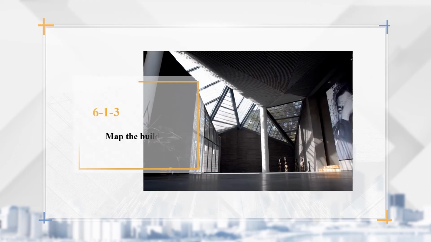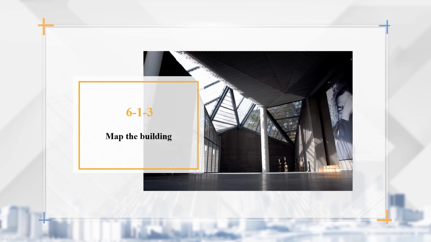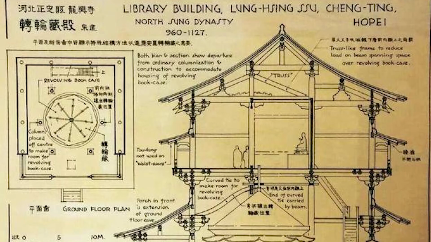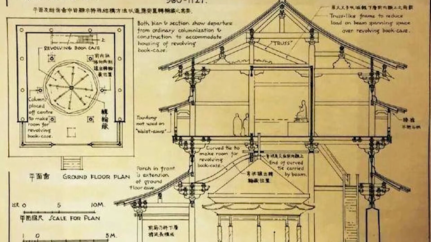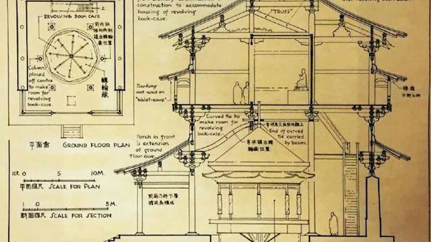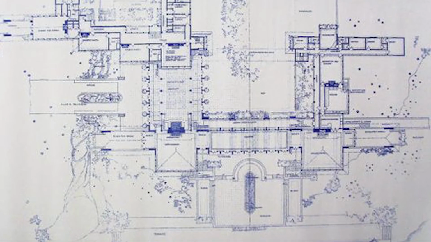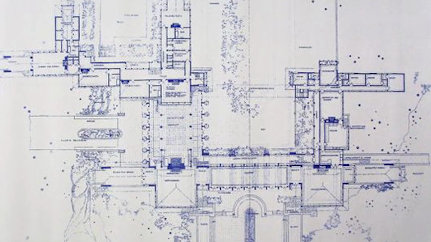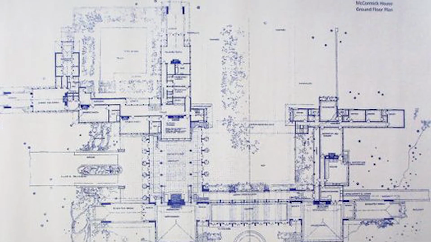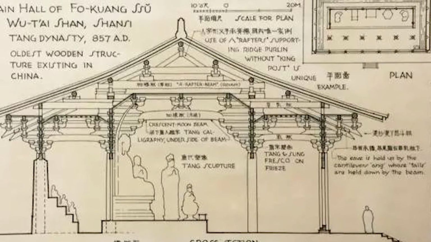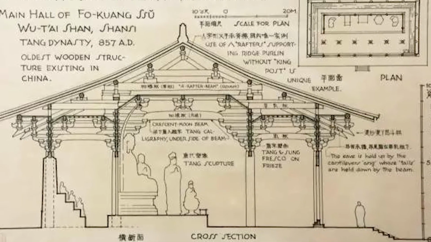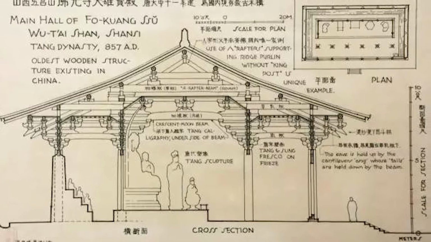The third part of preliminary investigation is to map the building. Of course, we can find an original drawing to proofread, but you should know, before 2000, our project is basically a hand-drawn blueprint. It is difficult to find in the city's archival management.